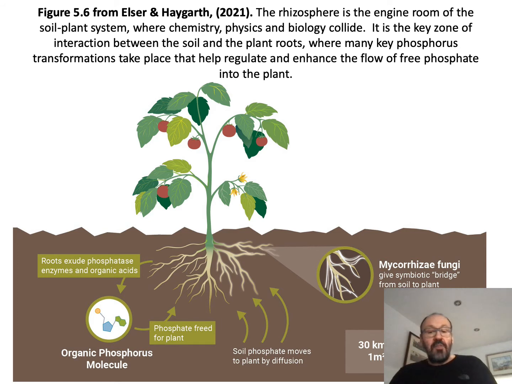Not only that, we have symbiosis of mycorrhizal fungi which give out a bridge from the soil to the plant to help the plant access the phosphate. And we also use other things called enzymes and organic acids, which are all part of the story. So the point for this lecture is that plants have clever mechanisms for getting it if they really need to or really want to. But that's perhaps another challenge for another day, just factor that into your understanding of what's going on.